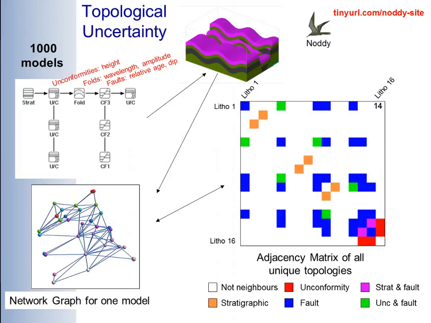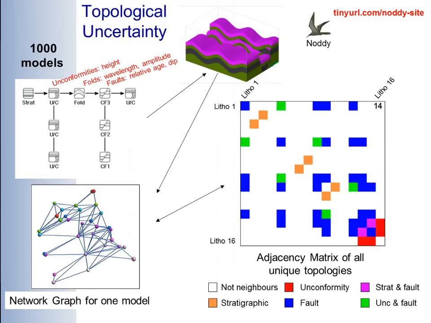So what I'm looking at more in particular at the moment are these things called adjacency matrices. In an adjacency matrix, you list along the top, in any order you like, all the different lithologies in your model. There were 16 different rock types here. You list them all the way down here as well. It's the same 16.